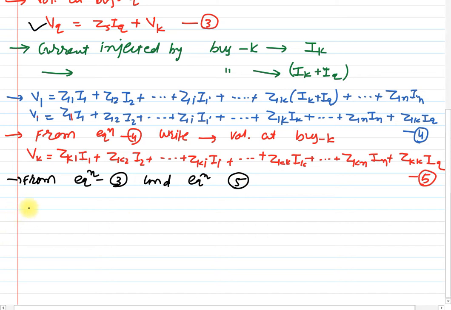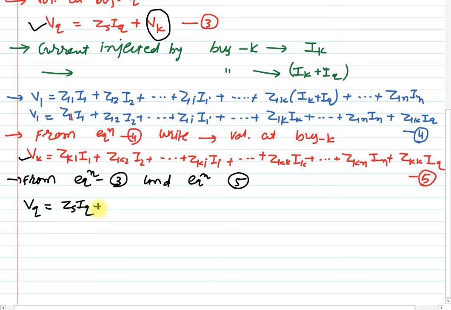I can write the voltage Vq is equal to Zs into Iq. Now just instead of Vk, substitute the value of Vk which we have derived in equation number 5.